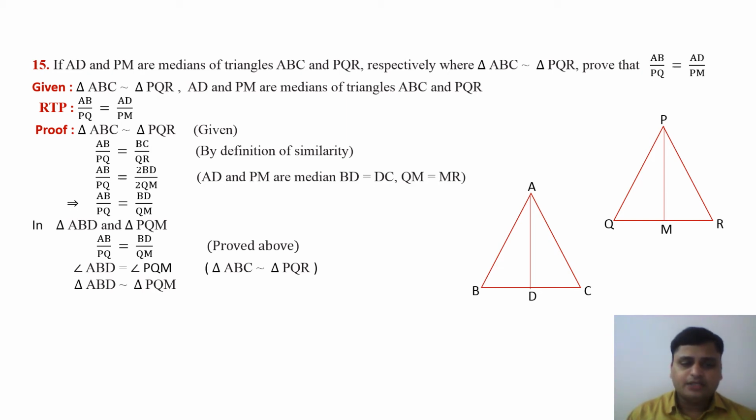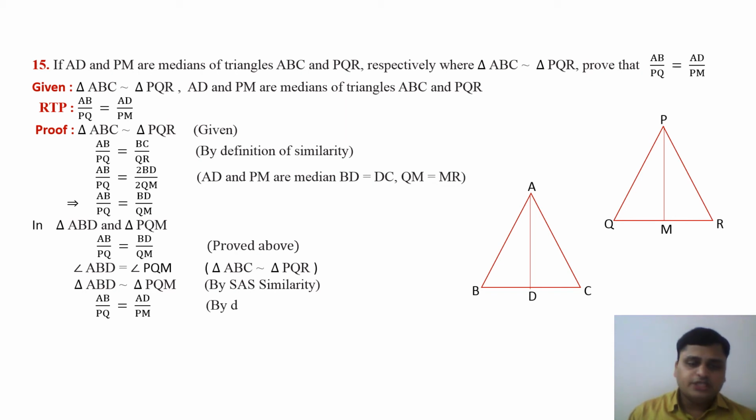So triangle ABD is similar to triangle PQM by side angle side similarity. And if triangles become similar, their corresponding side ratios are in proportion. That is AB by PQ is equal to AD by PM.